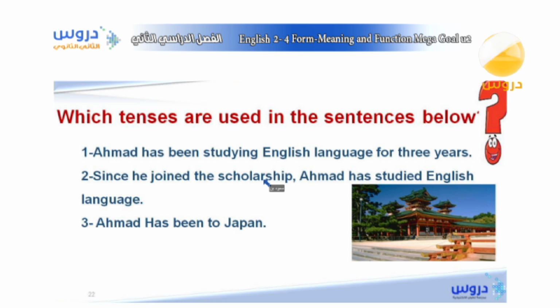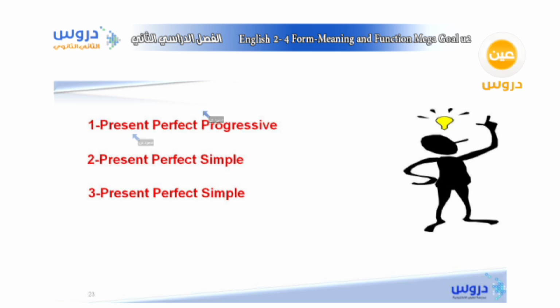Since he joined the scholarship, Ahmed has studied English language. Ahmed has been to Japan. Now we can recognize the sentences and know which structure. Present perfect progressive for the first one, present perfect simple for the second one, and present perfect simple also for the last one.